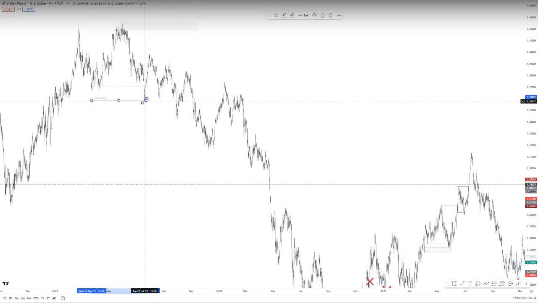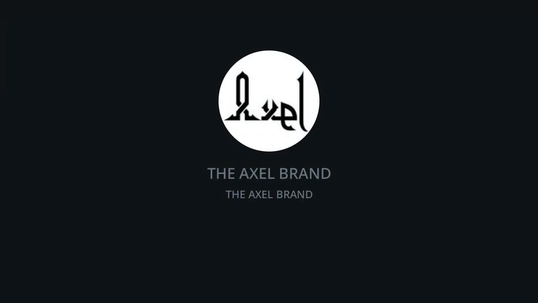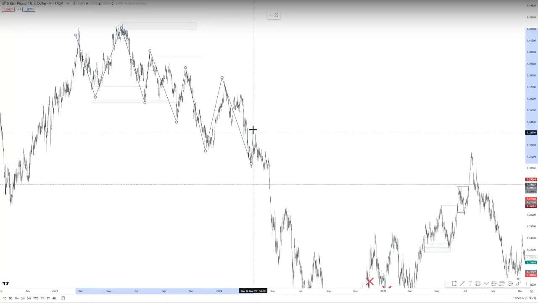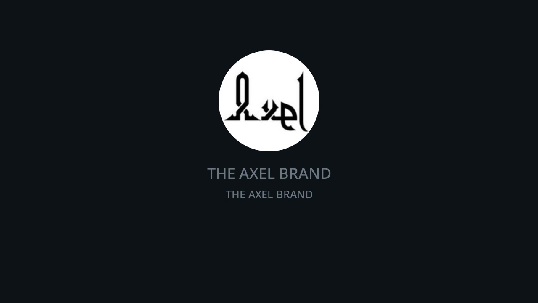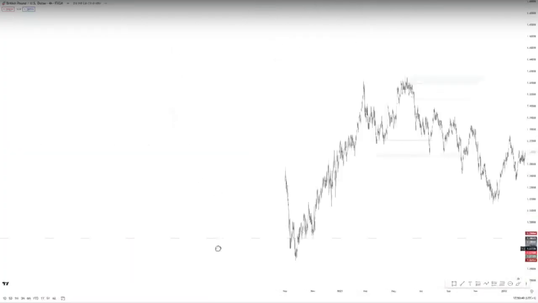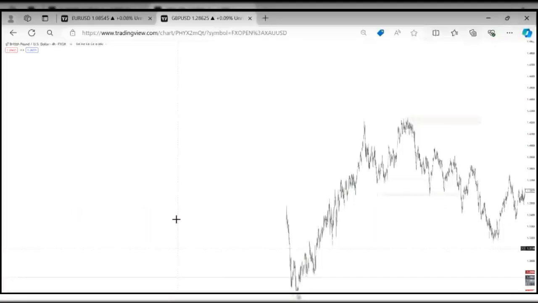Broke structure. You can see how price has been printing lower highs and lower lows. Came here, broke. Came here, broke. So you can see that the market is selling. So this market is a bearish market.